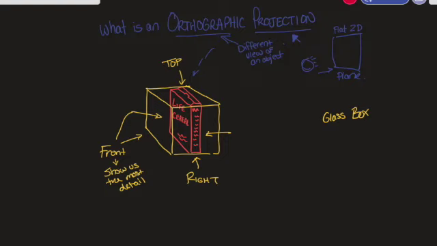Once we figure out what our front view is and all the other projections, we can start making detailed drawings. A detailed drawing is something that would include dimensions, annotations or notes, materials, and how it connects, so joinery methods.